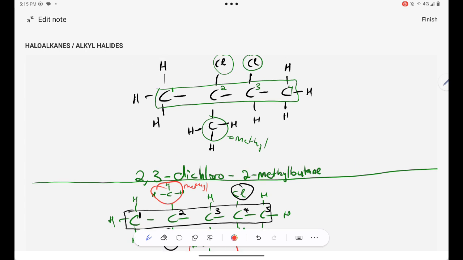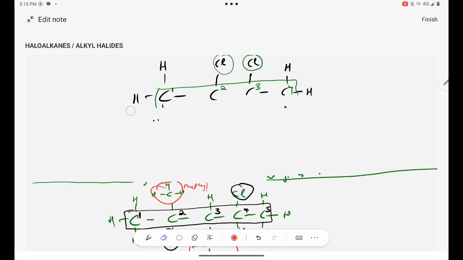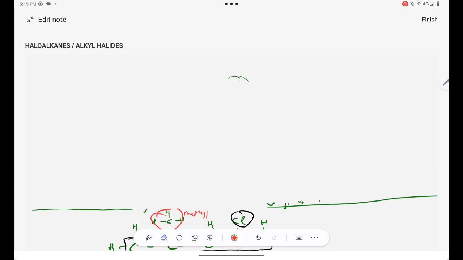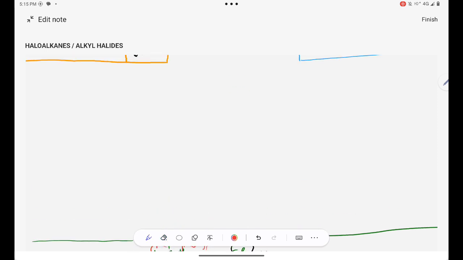Okay, let's do another one. Let's say I have 1, 2, 3, 4, 5, 6. I have 1, 2, 3. 1, 2, 3.